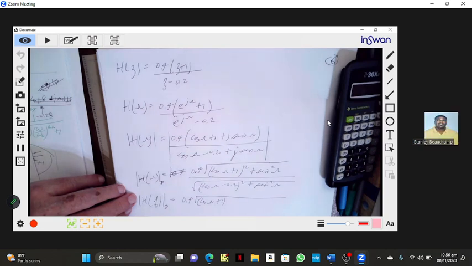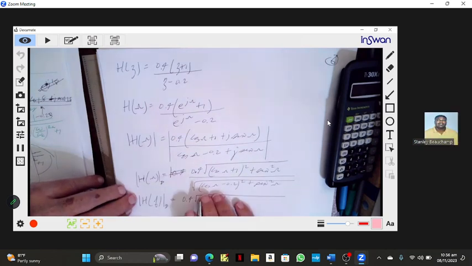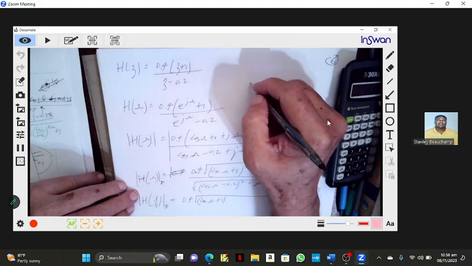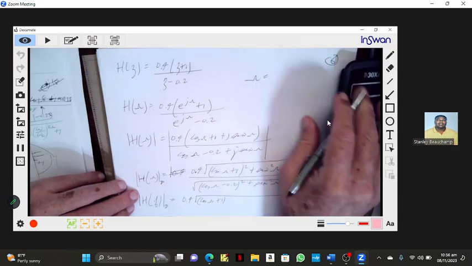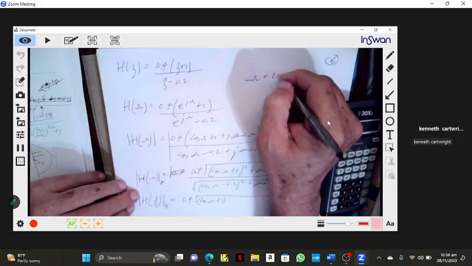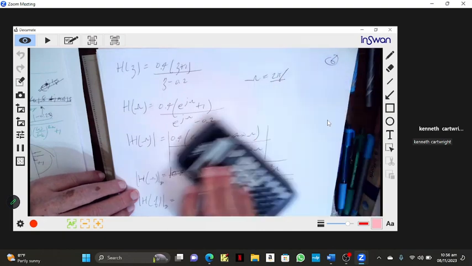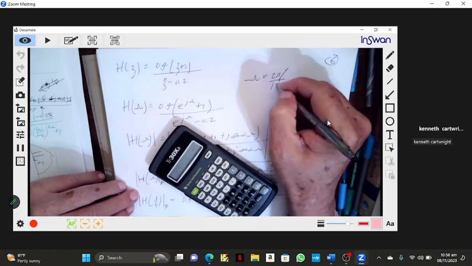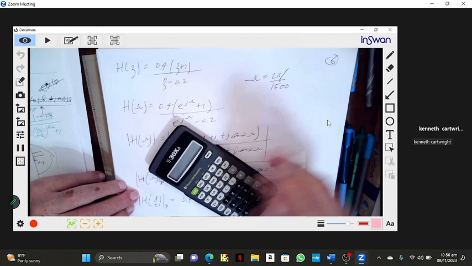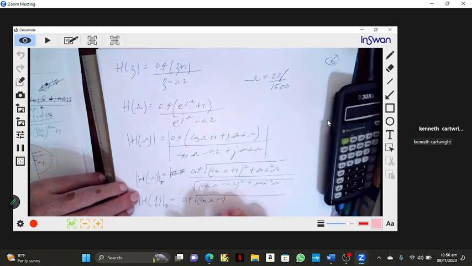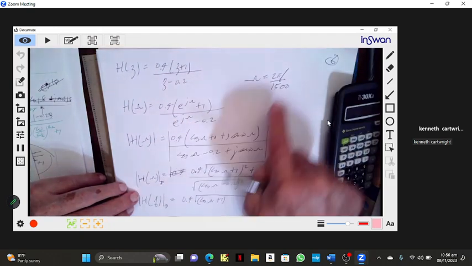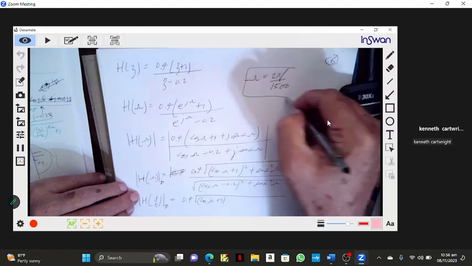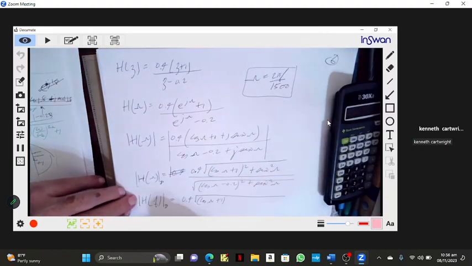I think it was 2 pi f over fs equals omega. Omega equals 2 pi f over fs, and fs is 1500. So wherever you see omega, that's what you put. I'm not going to write that out.